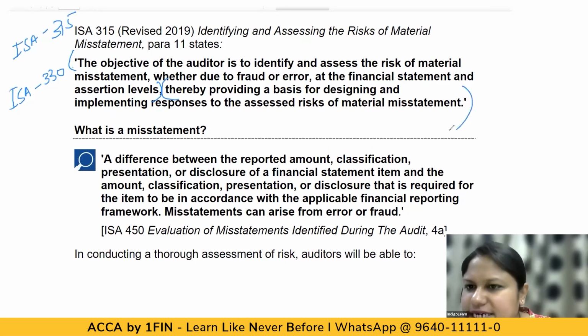So did you understand the objective of the auditor? First, you identify and assess the risk of material misstatement. And misstatement could be due to fraud or due to error. And it could be at the financial statement or the assertion level. And once you identify them, then you can't keep quiet. Obviously, further audit procedures have to be applied. So you design and implement responses to what? To the assessed risk that you have identified. Is the point clear? All right.